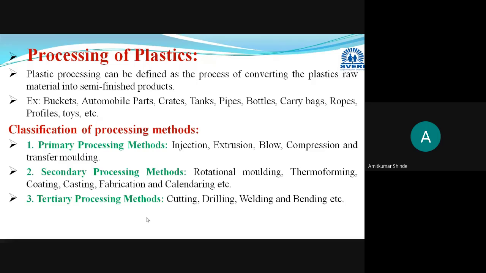Then we will move towards the actual syllabus content of this second chapter, the processing of the plastics. Already I have discussed this. What is the meaning of processing of the plastics here? The first point we will learn is the meaning of processing of the plastics and the classification of processing methods.